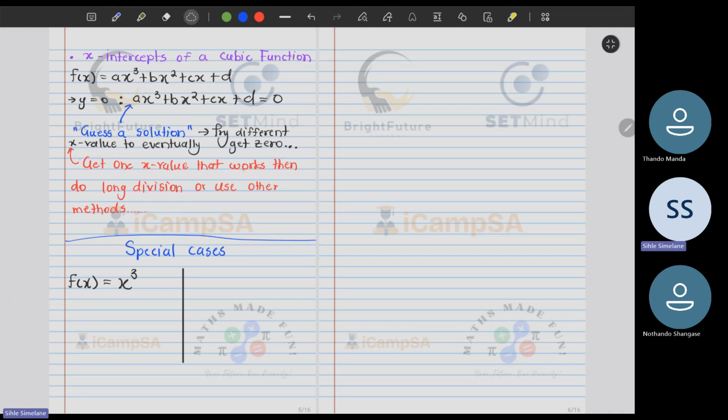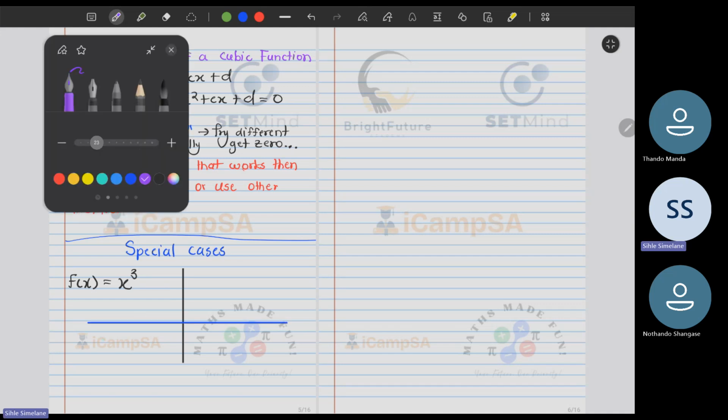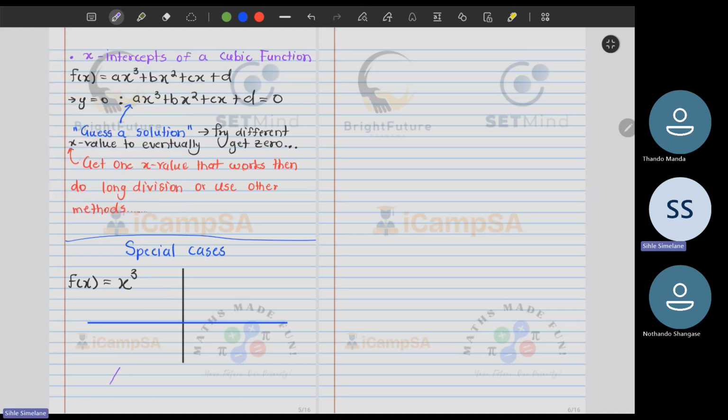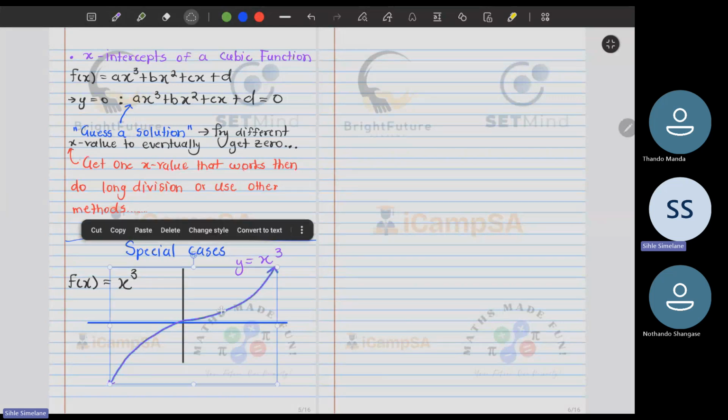Let's quickly fix that. Put in another axis. And let's go ahead and draw our graph. So if you observe carefully and you look for this cubic graph, you'll see that it becomes something like this. And this is y equals x cubed. Okay. And then you can obviously later move it up and down these axes.